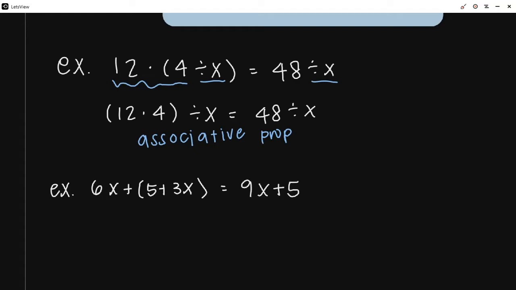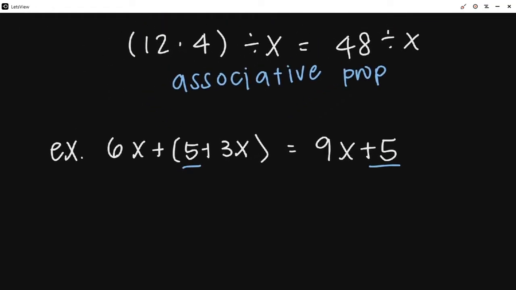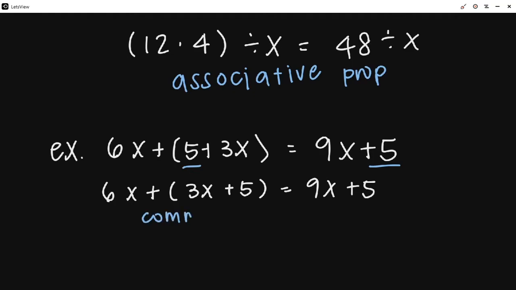So in this one, they left the 5 alone, and they have 5 on the end instead of in the middle like the original problem. So what we can do is switch the order of these first so that 5 is at the end. So for this step, since we're changing the order, this is the commutative property.